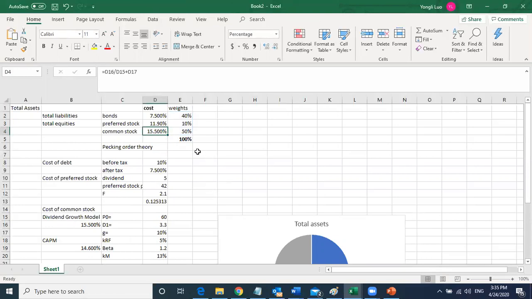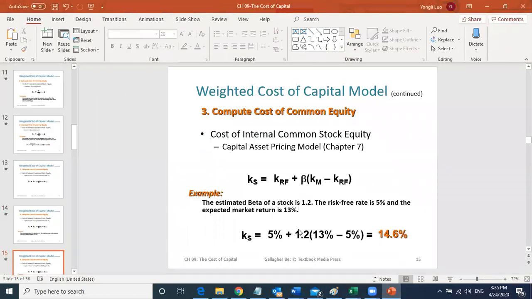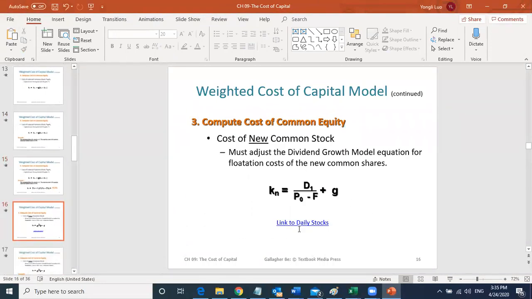Now we have the cost of all these three different components, and we have the weight. Let's go to the weight. The same thing, if you have a new common stock, you take the current stock price and minus the flotation cost, and it will get you the new common stock.